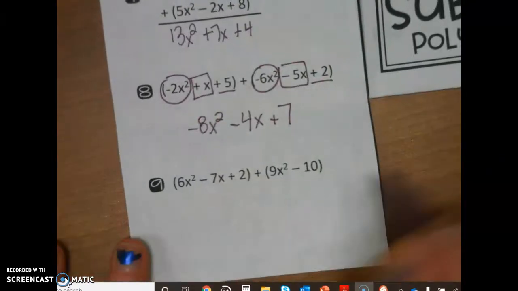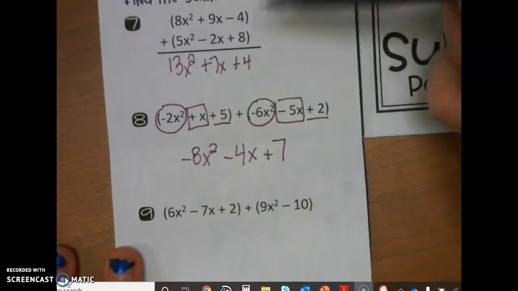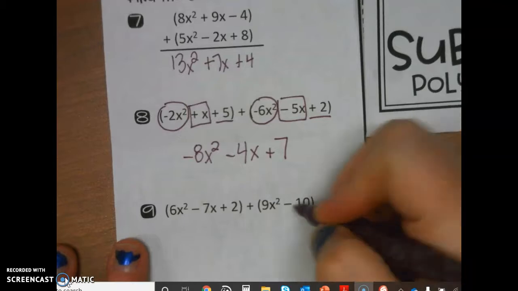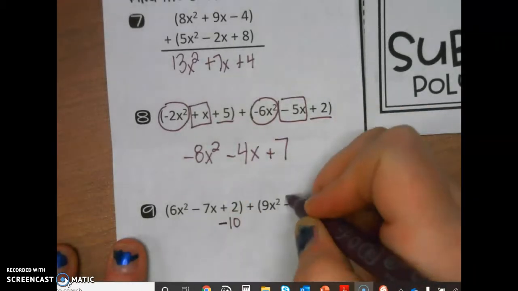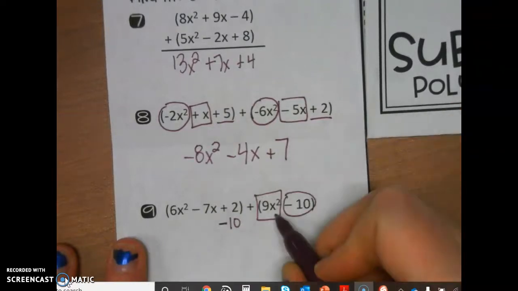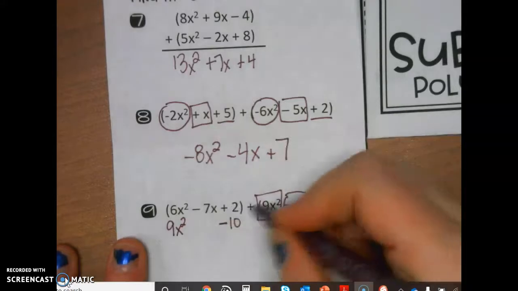Super easy. Okay, now this one, I'm going to stack this one like the first one was so that we can see exactly what's happening. Okay, so my plain numbers, -10, okay, because this all goes together. And then I'm going to look at this. This guy has to go, and he's positive.